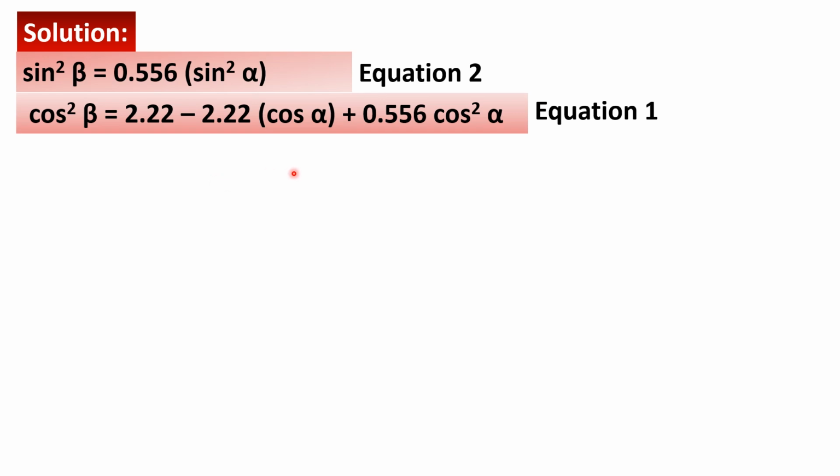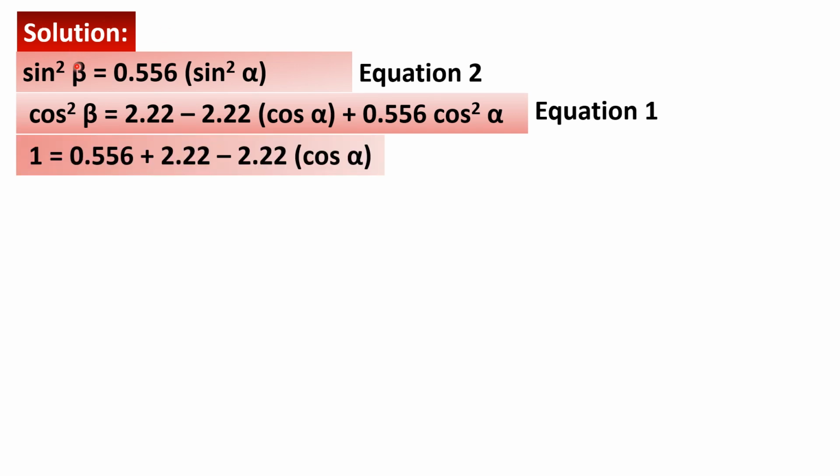As I was explaining earlier, a trigonometry identity tells us that their sum must be equal to 1. So combining the two will result to a more simplified equation, which allows us also to eliminate the angle beta or the variable beta. Sine squared beta plus cosine squared beta is equal to 1.